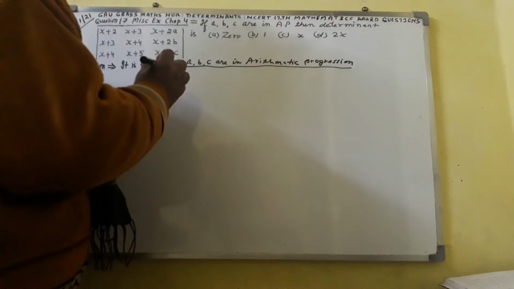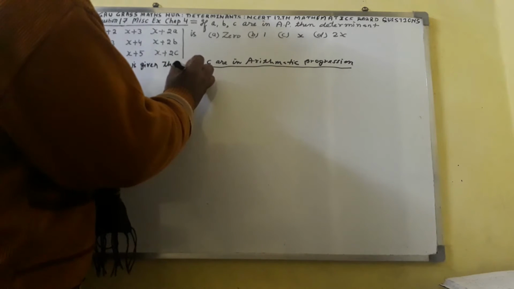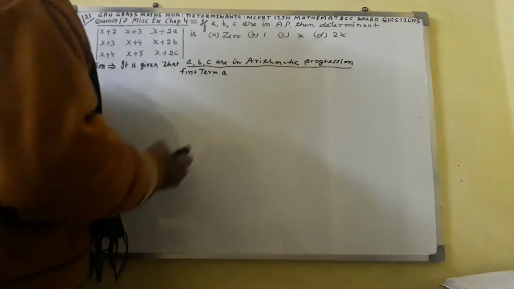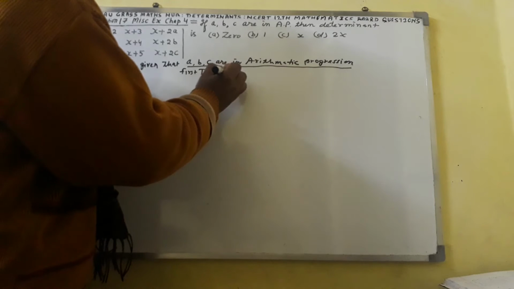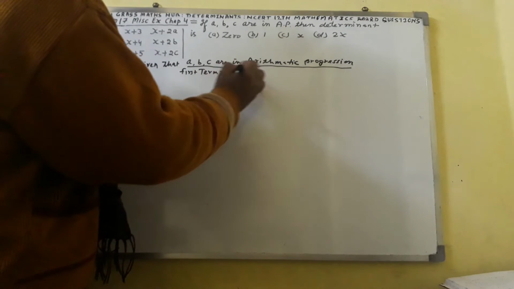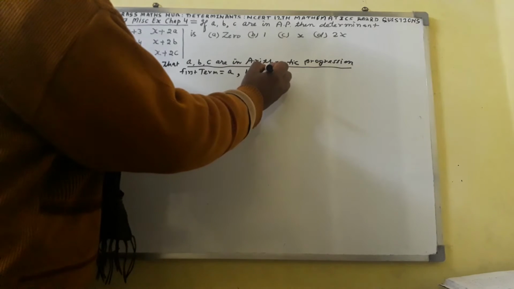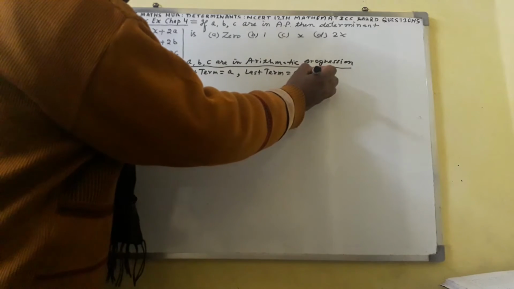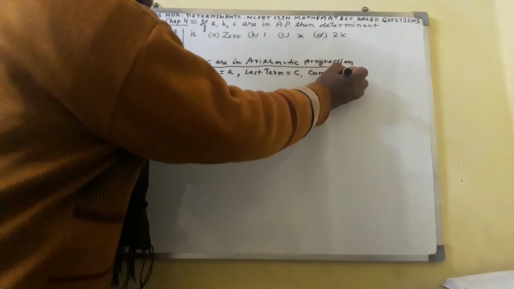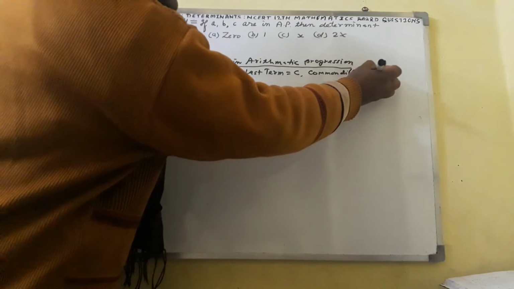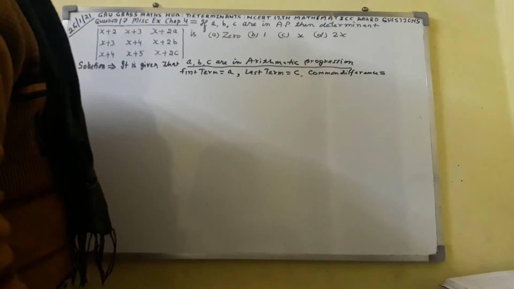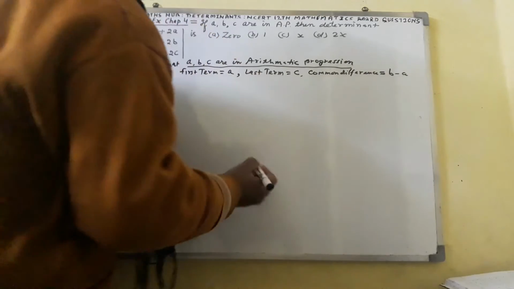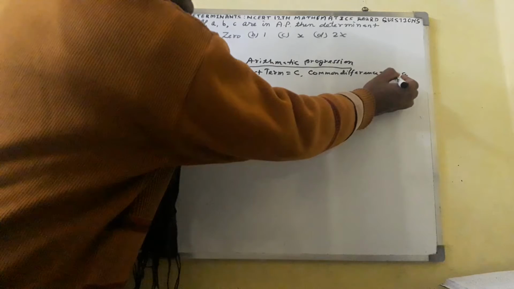then the first term is a, the last term is equal to c, and the common difference is equal to b minus a, which is equal to c minus b.